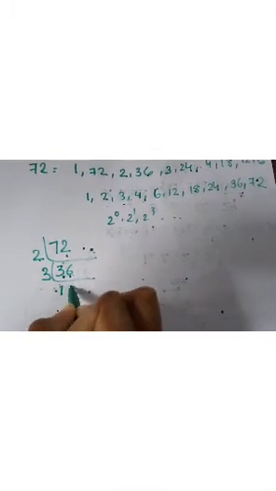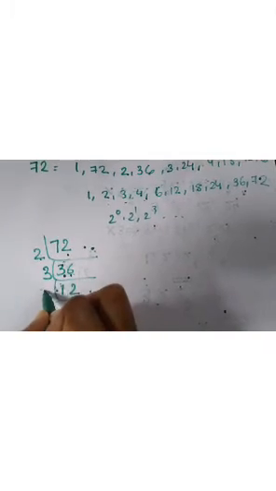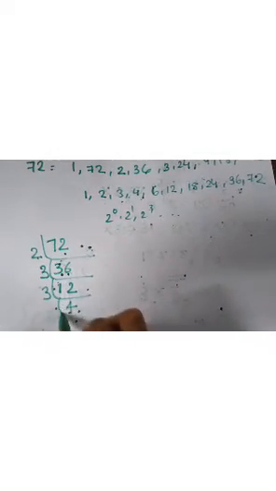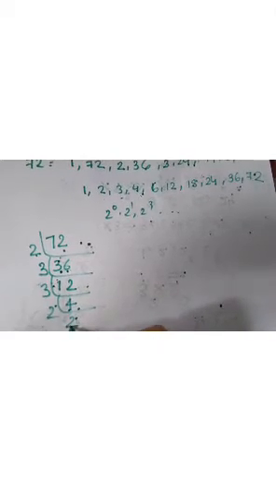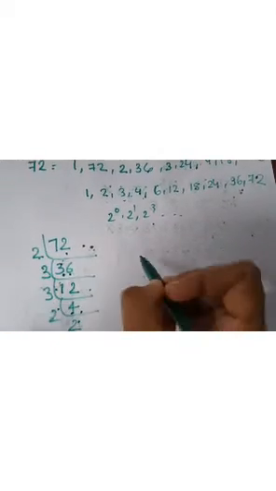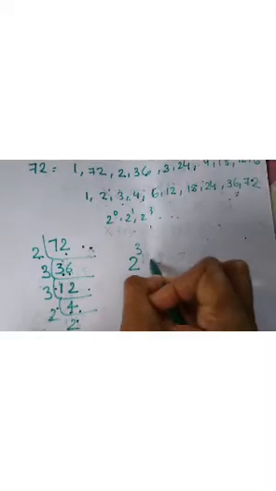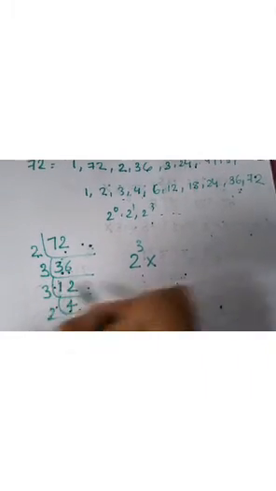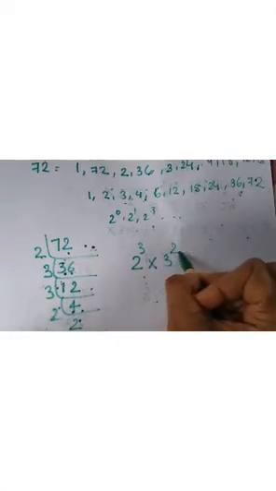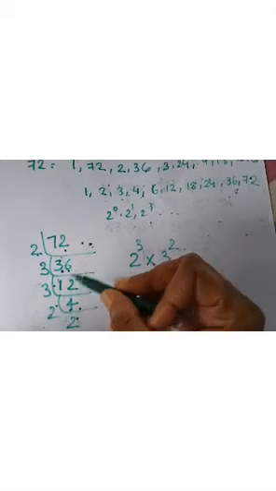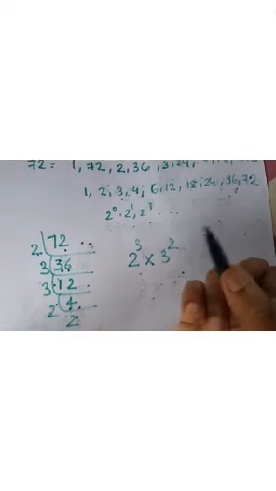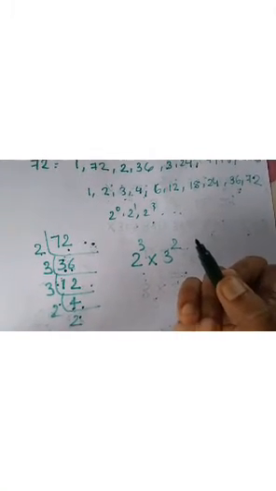When we divide by 3, we get 12. Again 3: 4 times 3 is 12. 2 times 2 is 4. Here 2 is repeated 3 times. That is 2 raised to 3 times 3 raised to 2. This is the prime factorization of 72 that we have learned earlier.